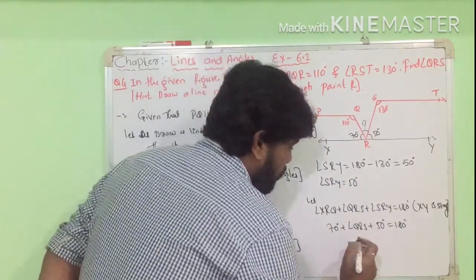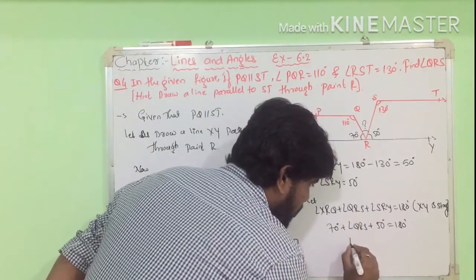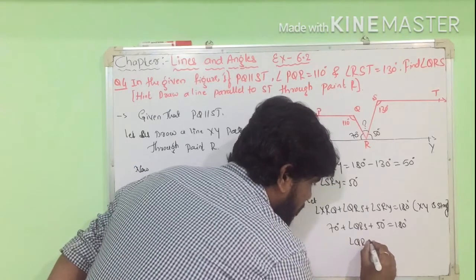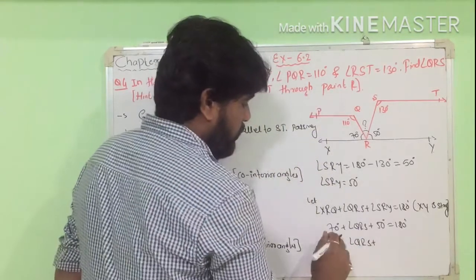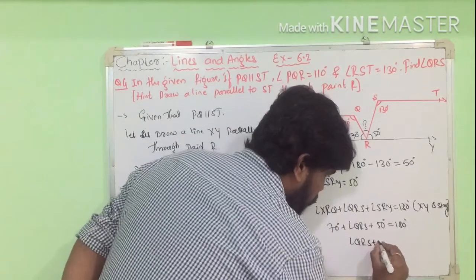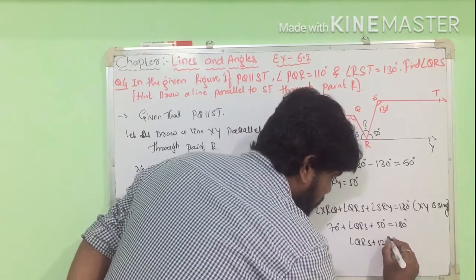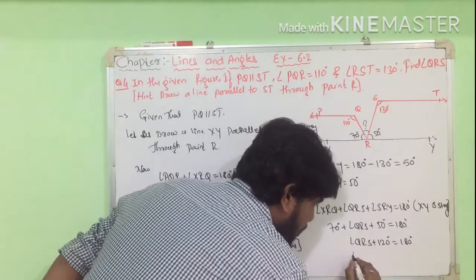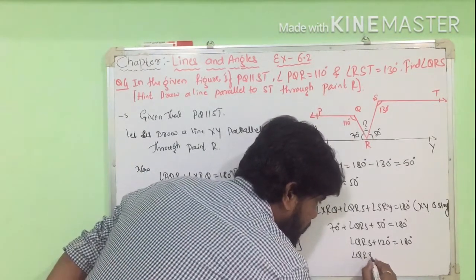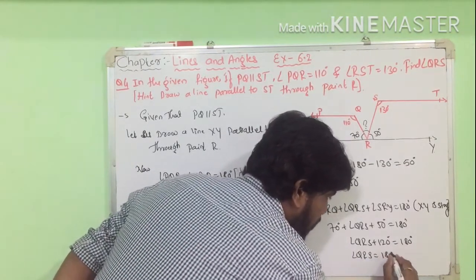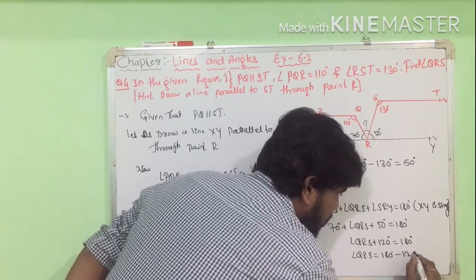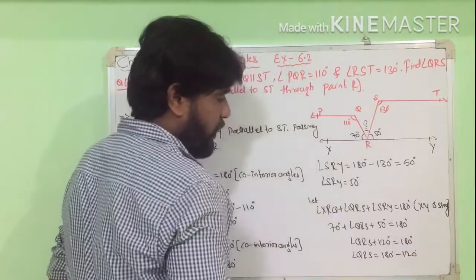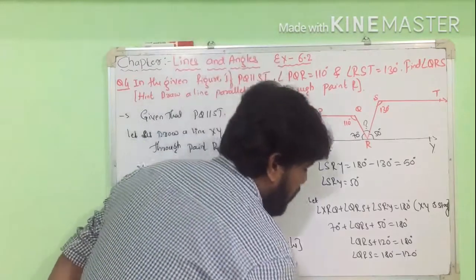And making this addition we got angle QRS as it is and 120 is equal to 180. Then angle QRS is equal to 180 minus 120. It comes to the RHS side, it becomes a minus, right?